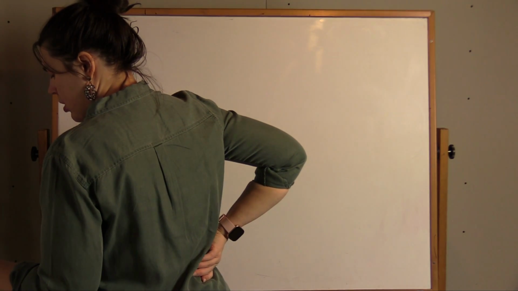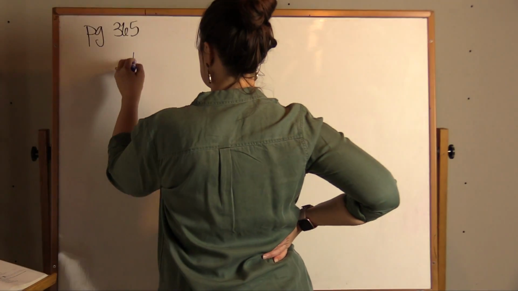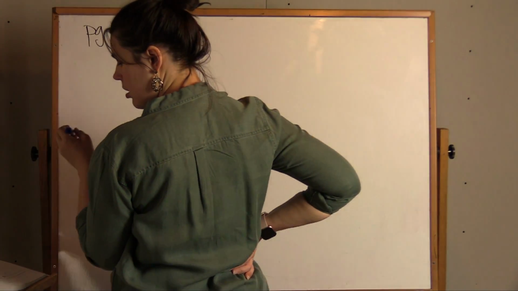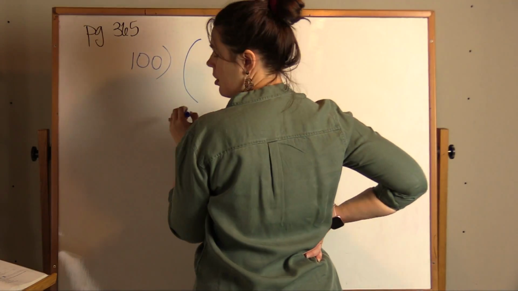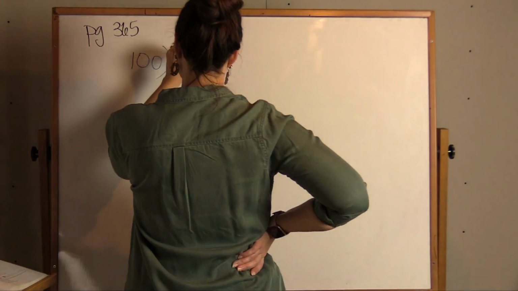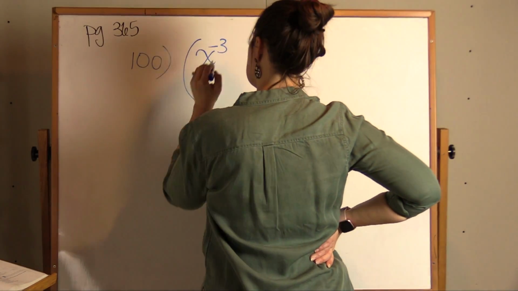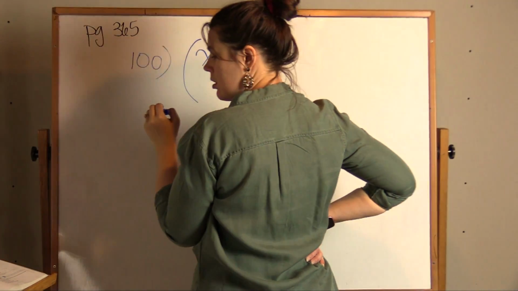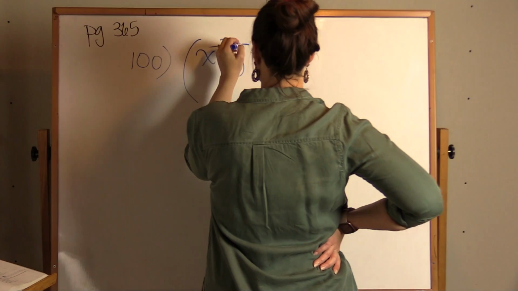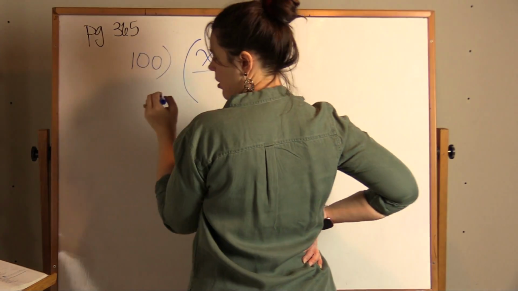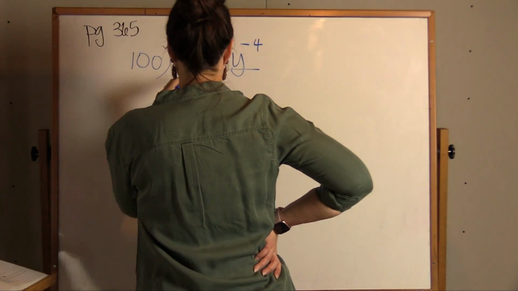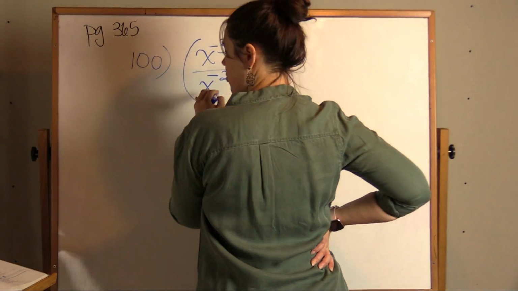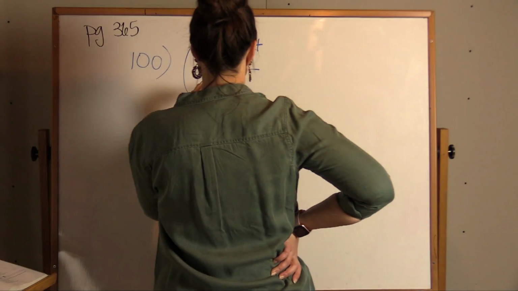So 100, we have a more complex version of working with our rules that have to do with multiplying, dividing variables, raising it to a power, and we're also throwing in negative exponents.